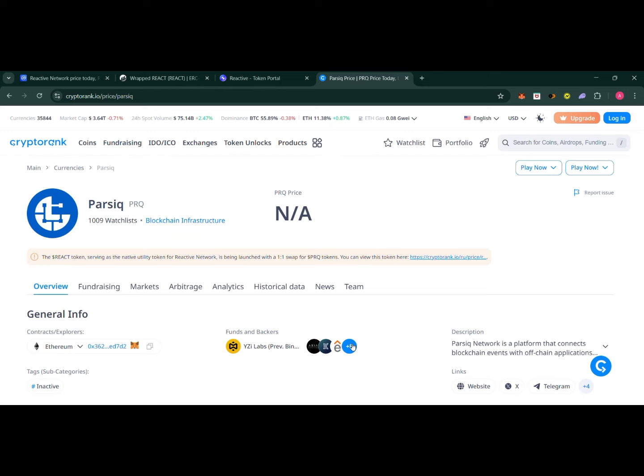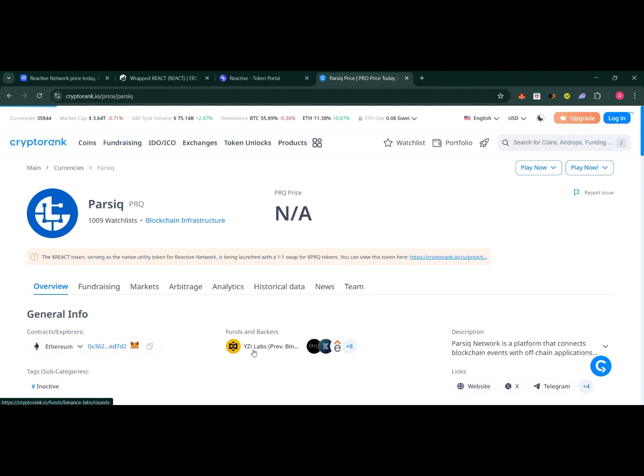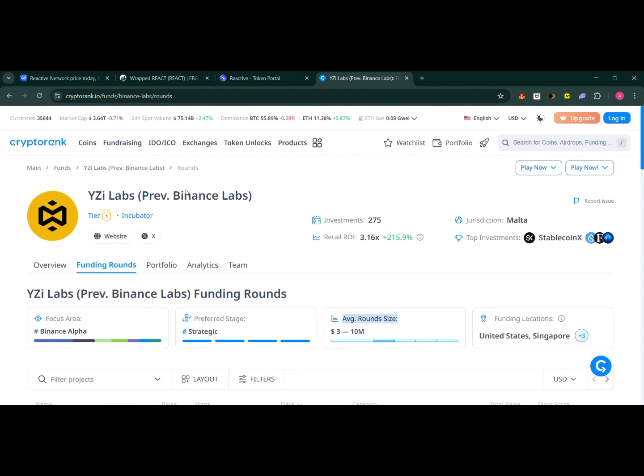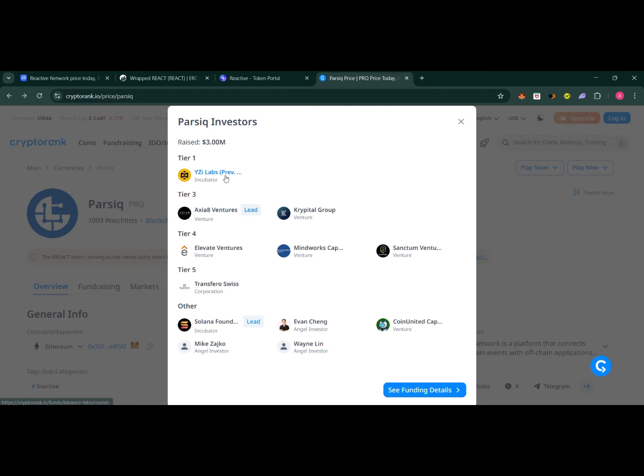Now, it was backed by Binance. Okay, so here you can see YZI Labs was known as Binance before. So PRQ had backing of Binance. Then it had backing of Solana Foundation. It also had backing of a couple of other angel investors that you see here.